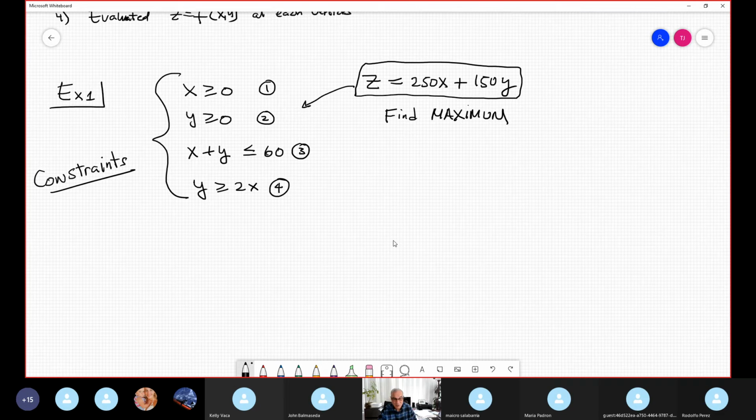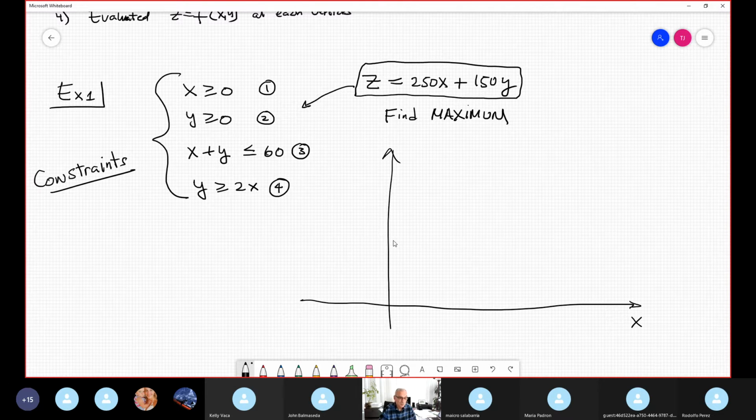But we have no problem doing that because we use decimals, no? But I discovered that it looks like a triangle like that. This corner is 0,0. This corner is 20,40. And this corner is 0,60. And this is our feasible region.